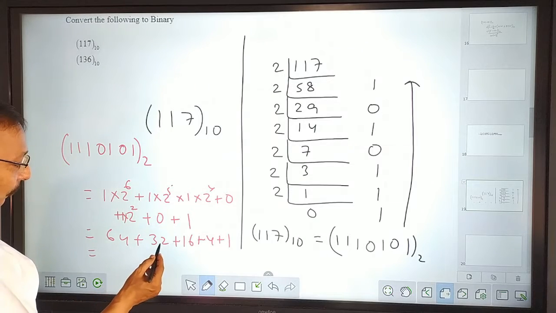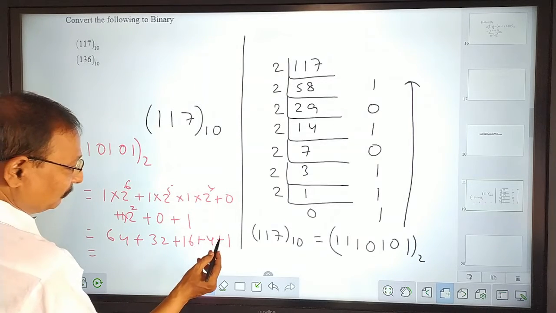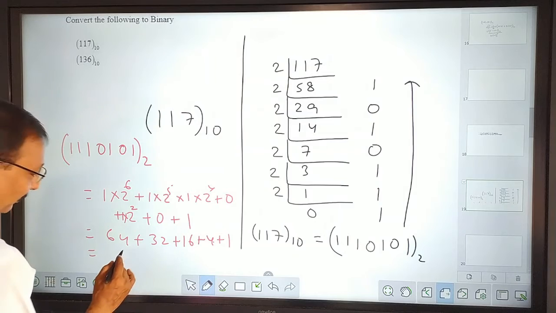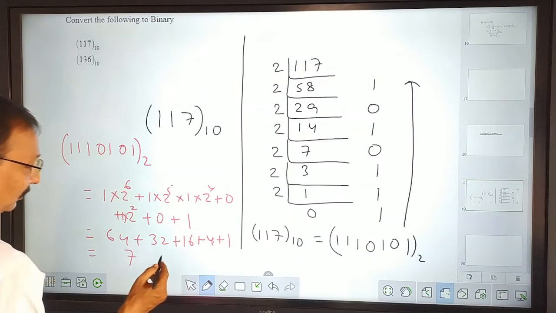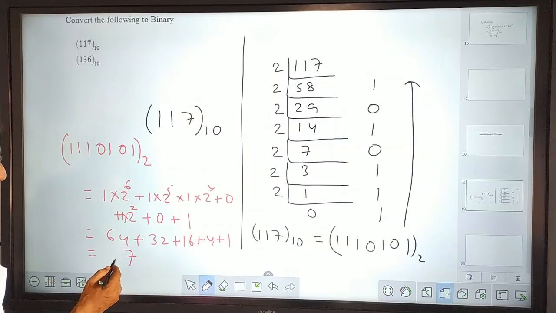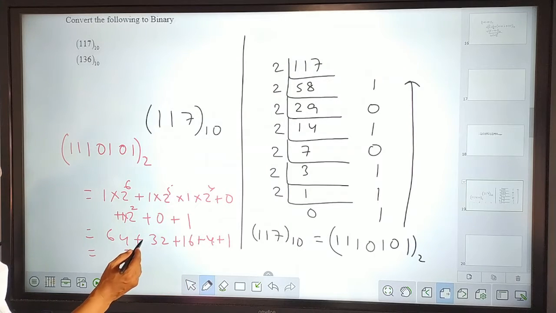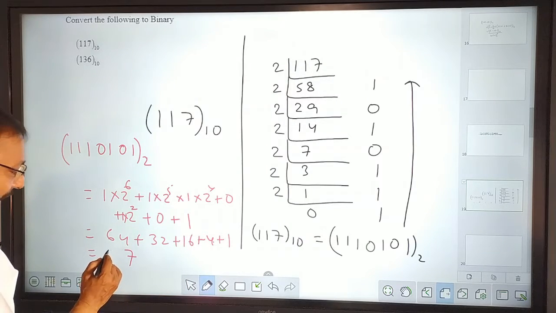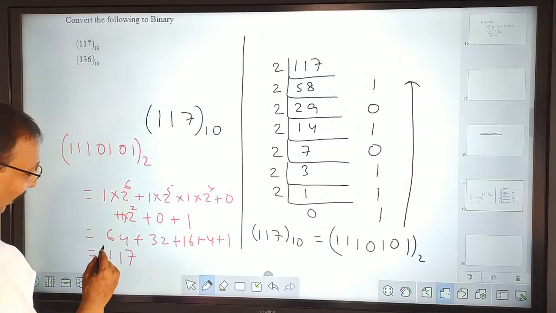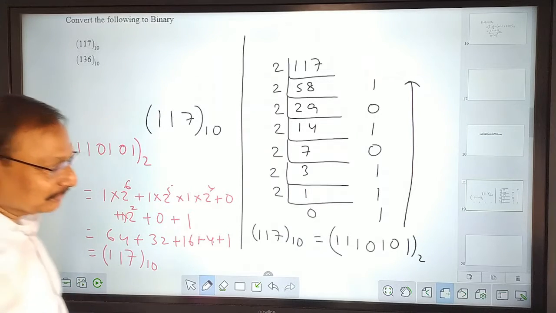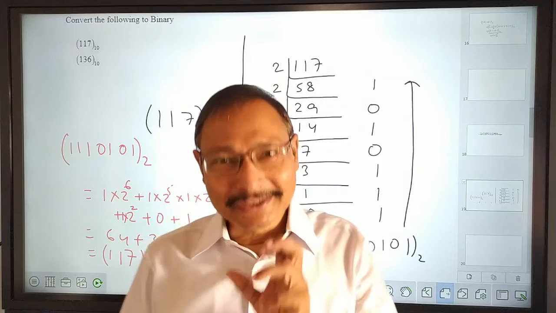Check it: 4 plus 1, 5, and so on, and finally it became 117 in the decimal system. This is the process and now it is checked.